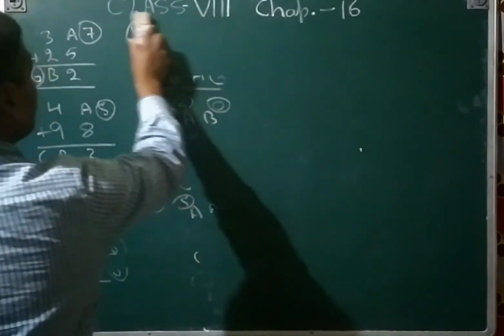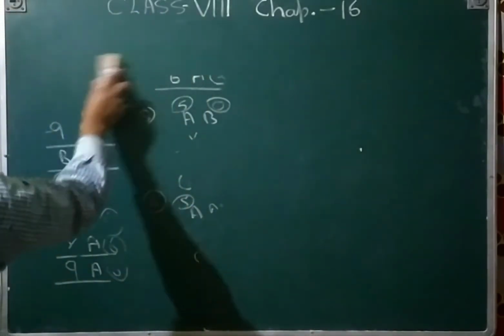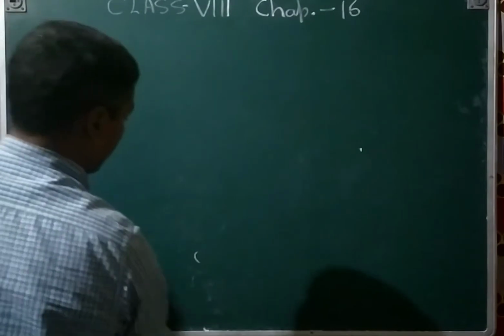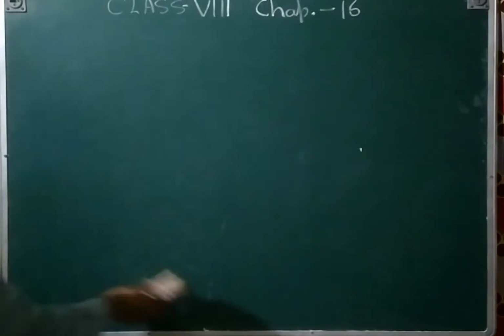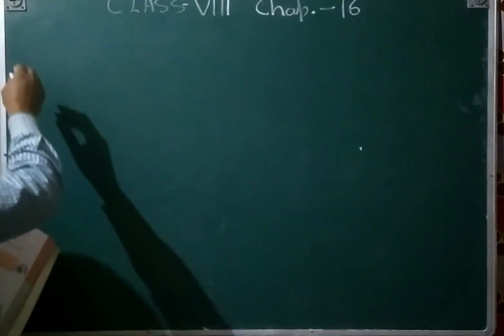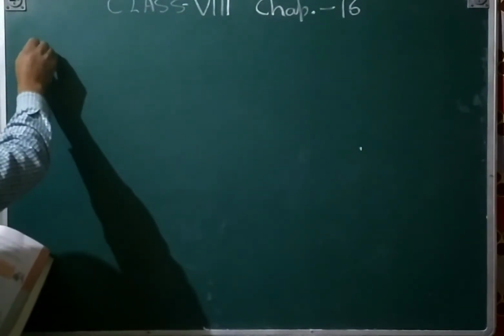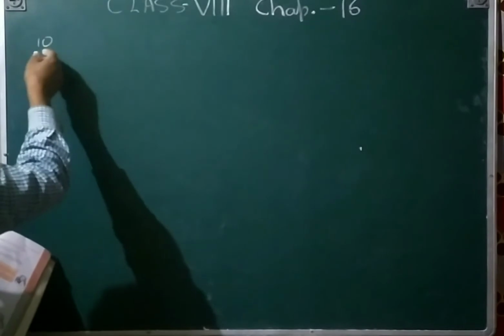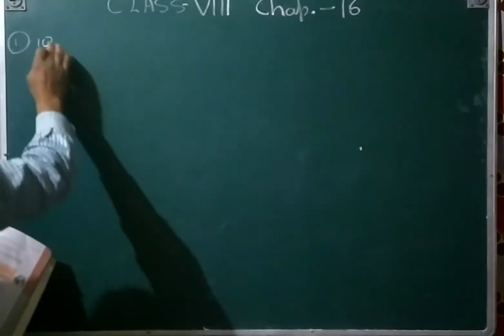This is most important for your calculation. If you have learned the tests of divisibility, you can do your solutions very easily. So first of all, divisibility by 10: how will you observe that any number is divisible by 10?